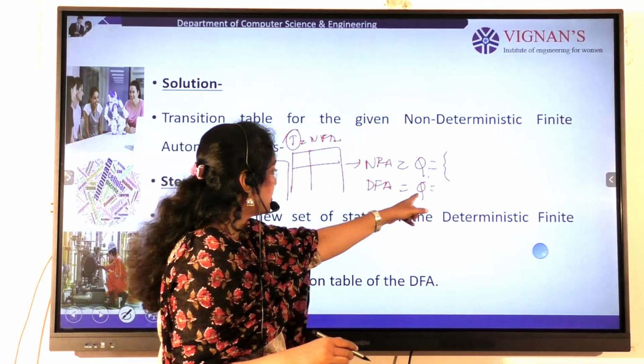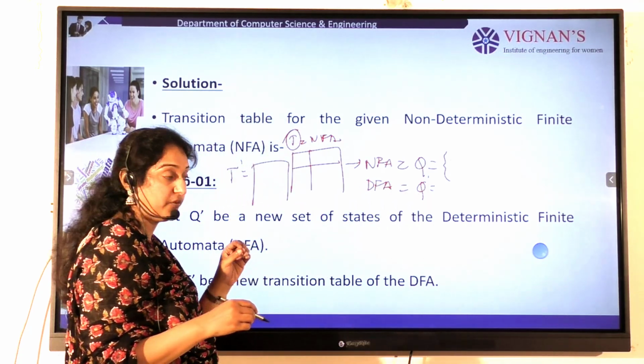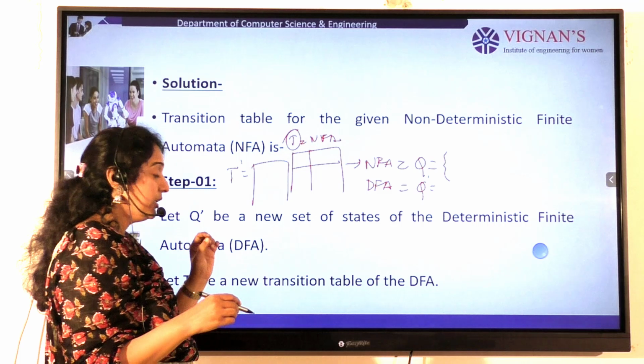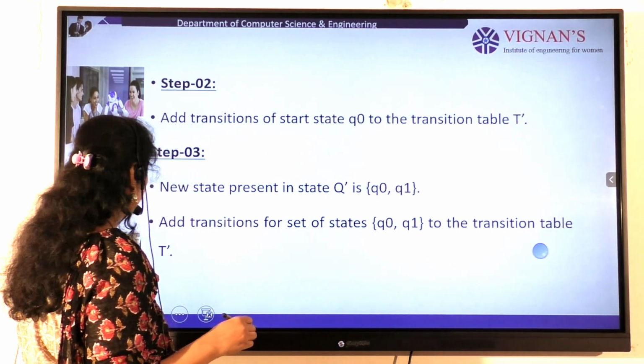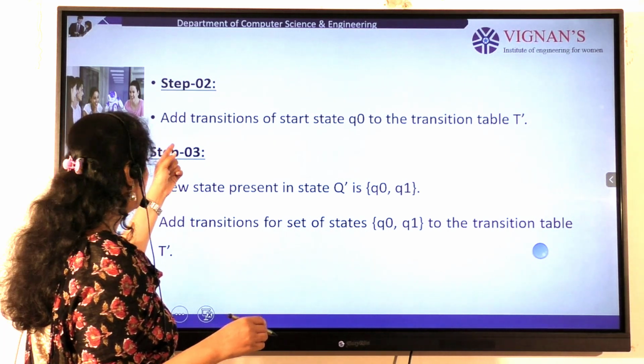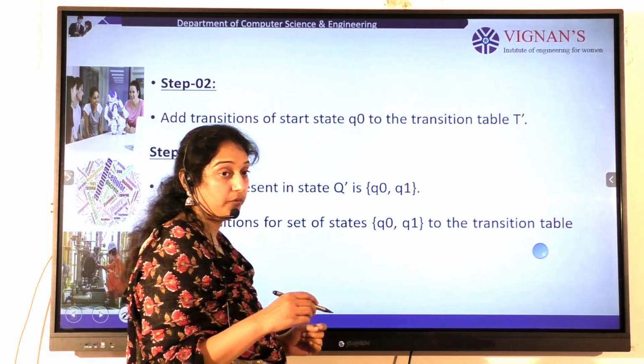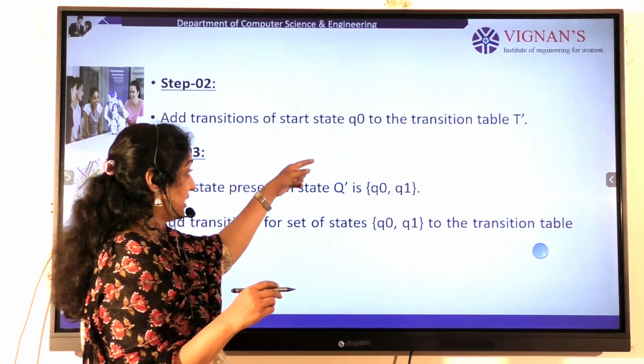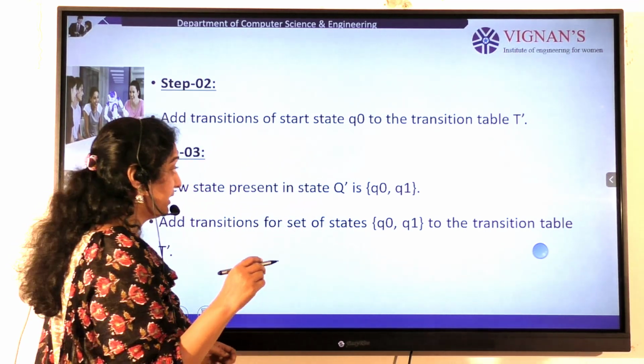So Q dash is the set of states of the DFA and T dash is the transition table of the DFA. In the next step, we add the transitions of the start state Q naught to the transition table T dash.